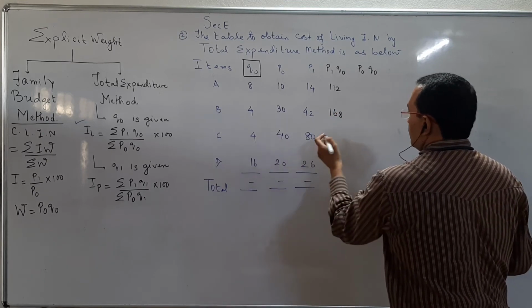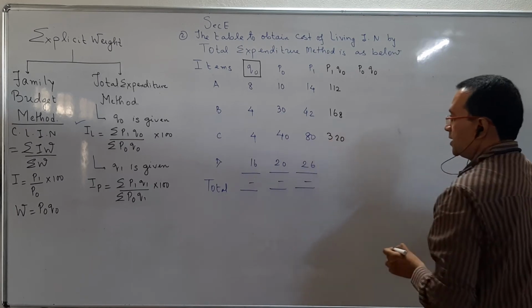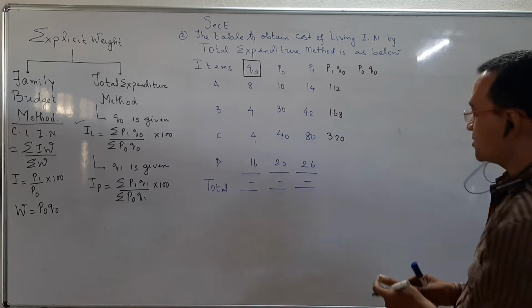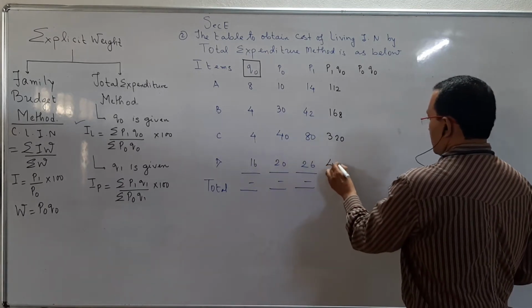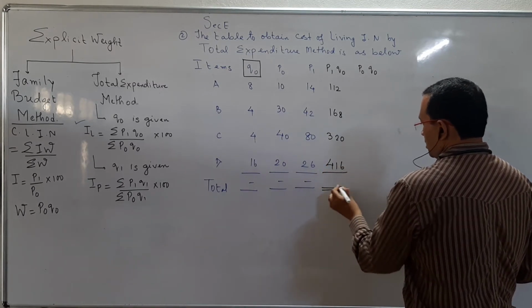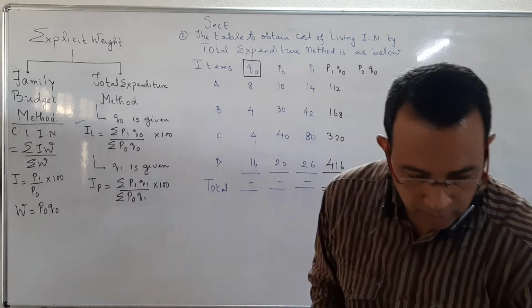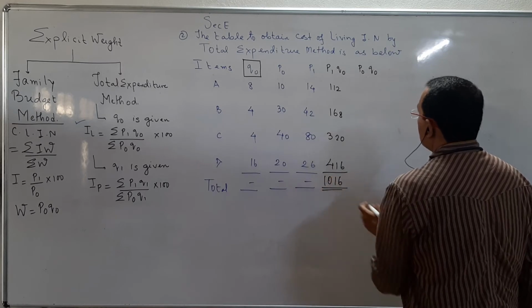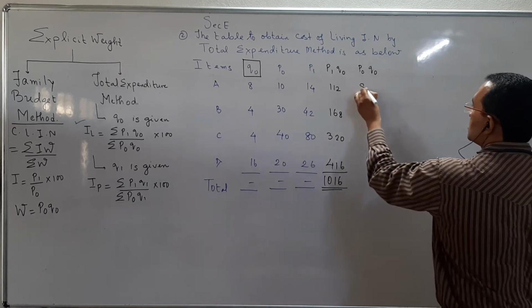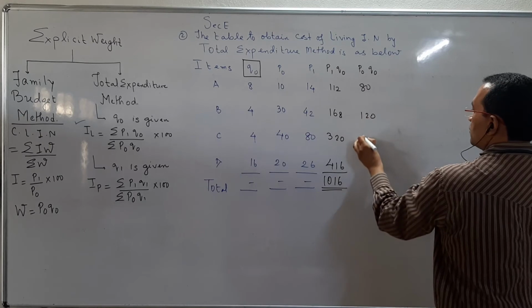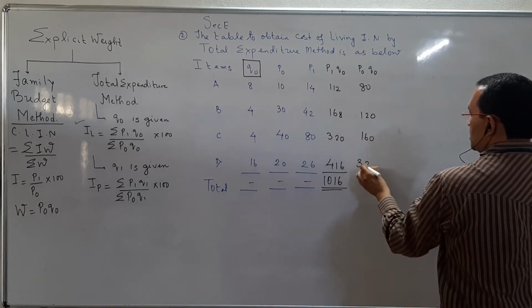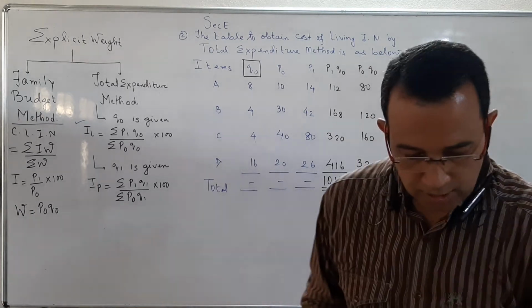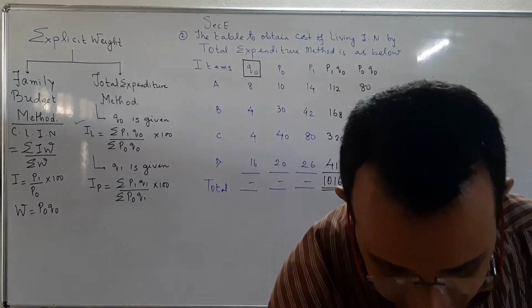Then 80 into 4, 320. And 16 into 26 will be 416. And this total comes out to be 1016. P0 Q0: 80, then 120, 160 and 320. So this total comes out to be 680.